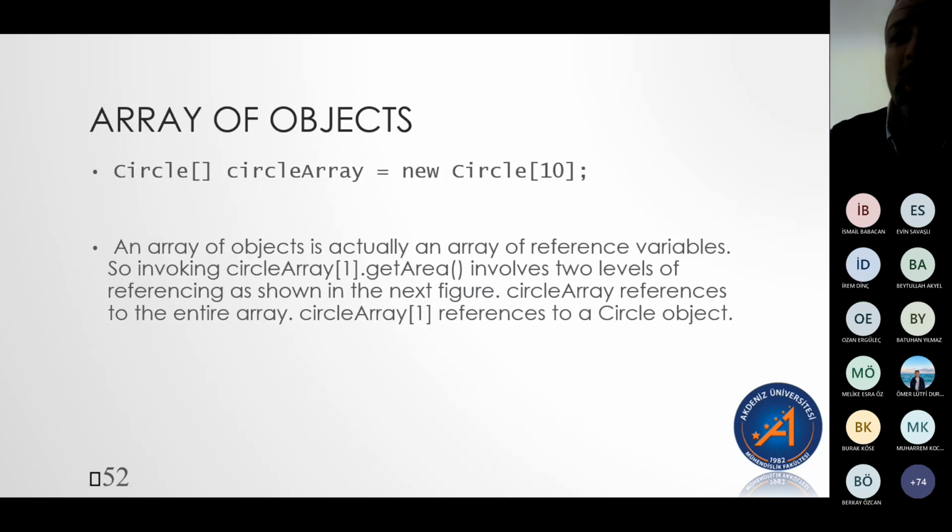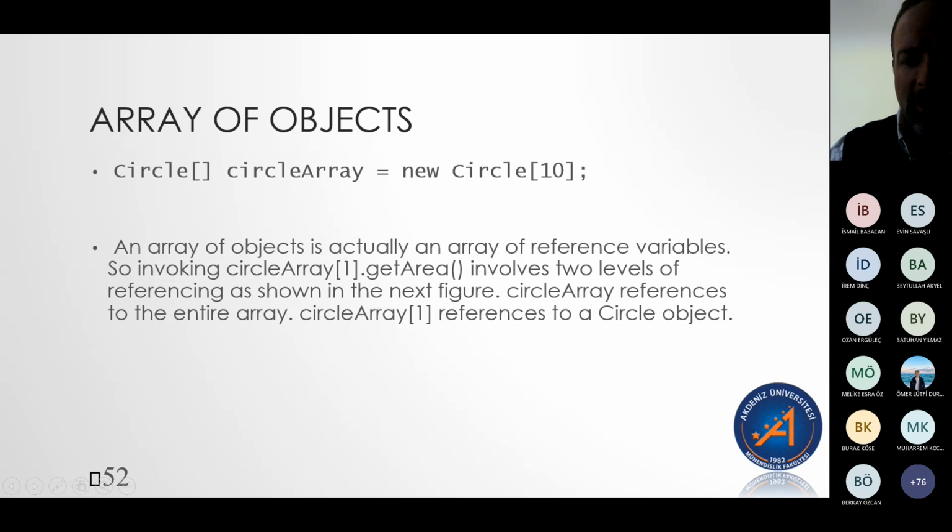We can create an array of objects. You guys remember last semester I said we can create pretty much an array of anything. An array of ints, an array of doubles, an array of strings. Strings are objects, by the way. We can create an array of arrays. Well, now we can create an array of objects.